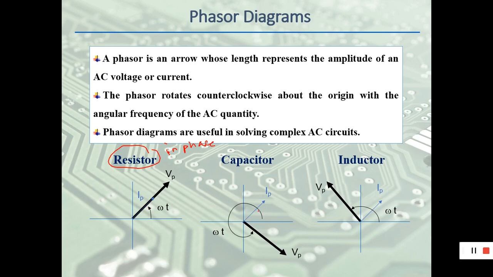For a capacitor, we will draw like this, with 90 degrees, and for an inductor, V leads I, like this, 90 degrees.